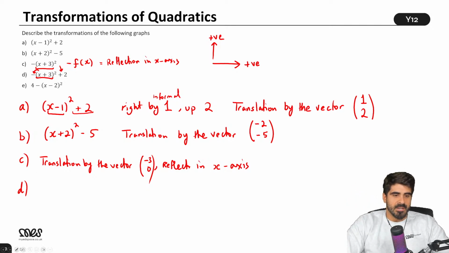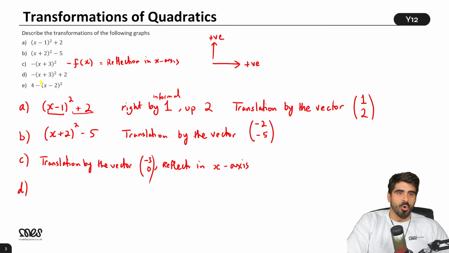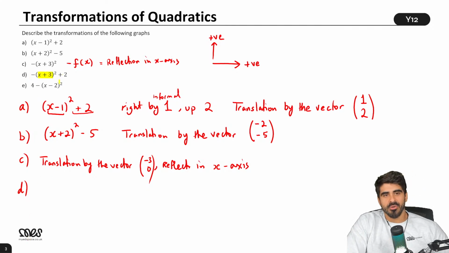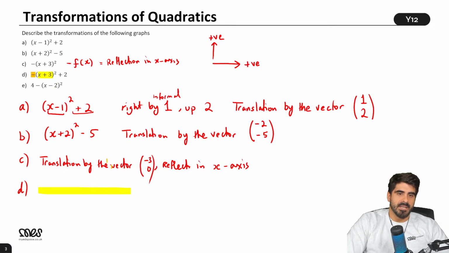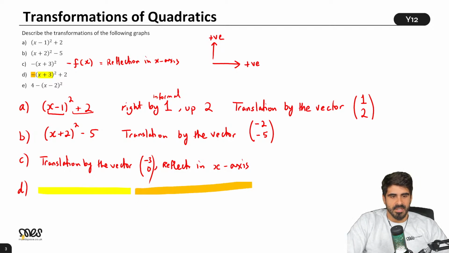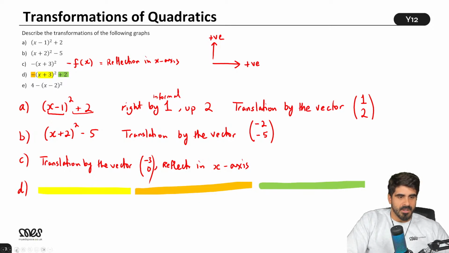So, thinking about BIDMAS, you're thinking about the inputs, which is always the thing that gets affected first. That's number 1. Then you have the minus on the outside, and then you have the +2, yeah? So guys, the order matters here. I'll put it in order like this. So you can see the order, yeah?